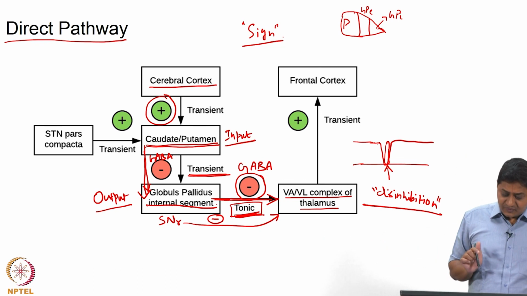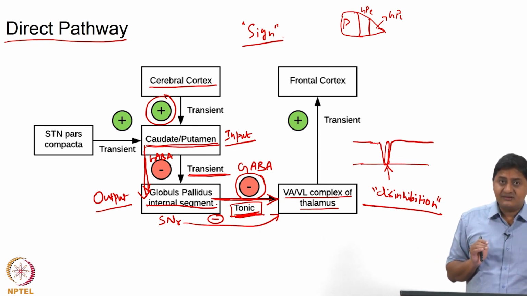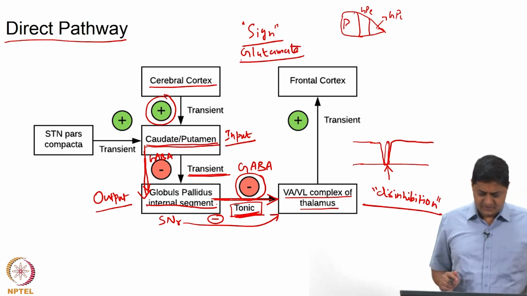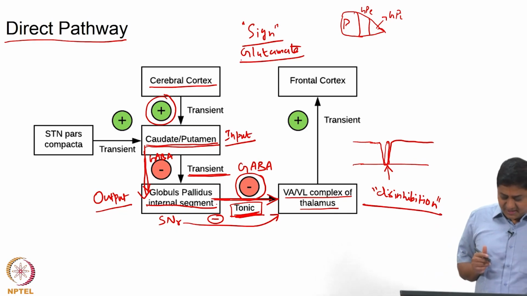So, the cerebral cortex sends excitatory inputs, these are glutamatergic, or they use glutamate as the neurotransmitter in many cases, with some exceptions.